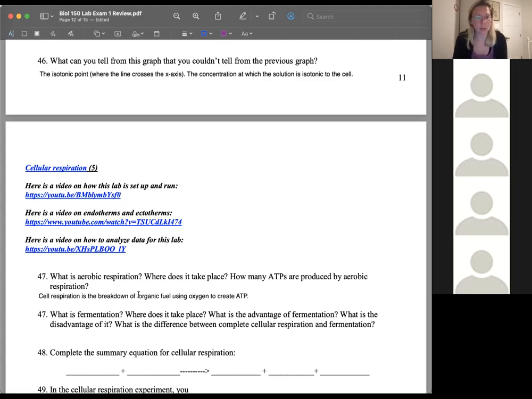So where is it taking place? In the cytoplasm. Not in the cytoplasm. There is a specific organelle where this is happening. I think mitochondria. Yep, there it is. Yeah, it's in the mitochondria.